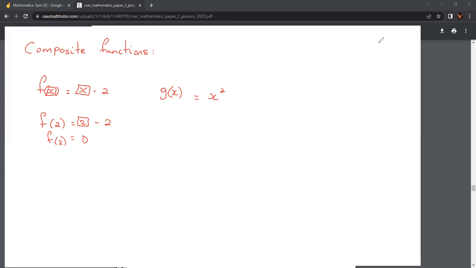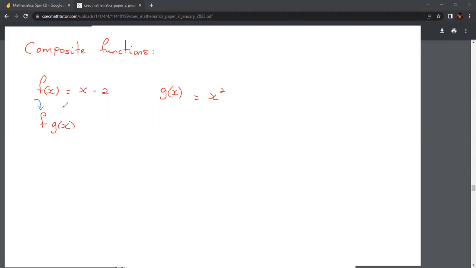Now, composite functions, you might see something like this, where they might give us to find f of g of x. What I like to do is look at my first function first. We could call that the dominant function, the function that we're working with.